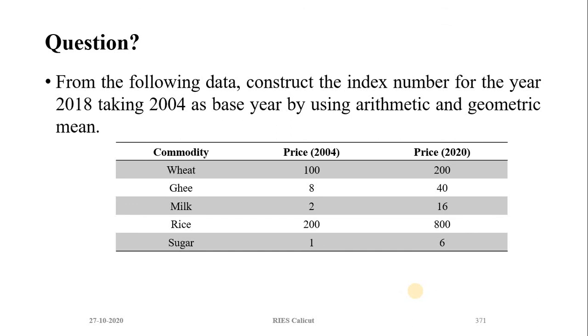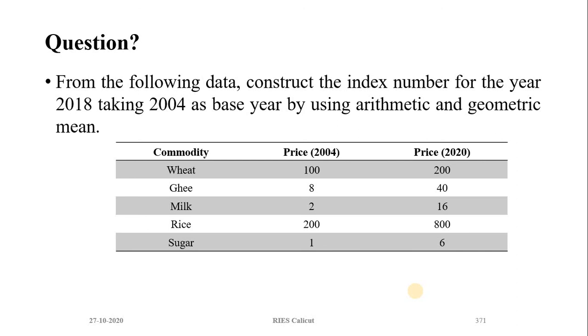So this is a problem for you. Five commodities are there: wheat, ghee, milk, rice, and sugar. Their prices in 2004 and 2020 have been given.